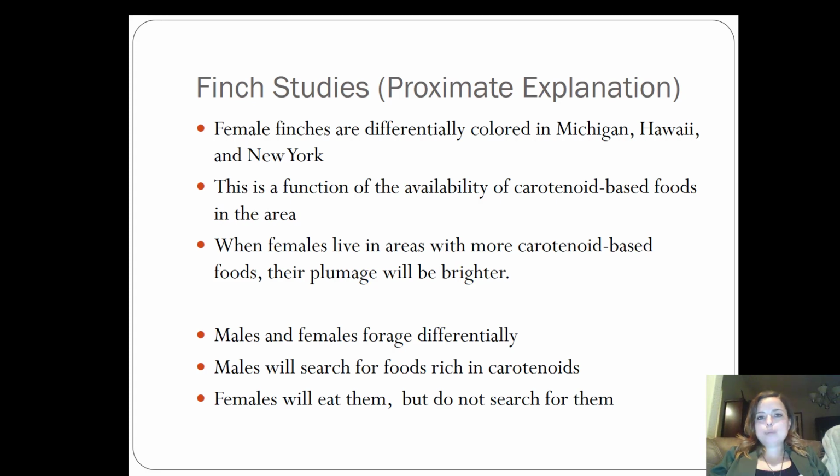The males that are more brightly colored will mate more with females, and they're more attractive to females. So remember how natural selection works. This isn't a male finch that's going to run around and say, I want to be sexy to the females, so I'm going to seek out more carotenoids, and then I'll be able to get more matings.